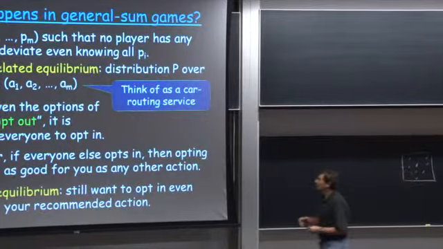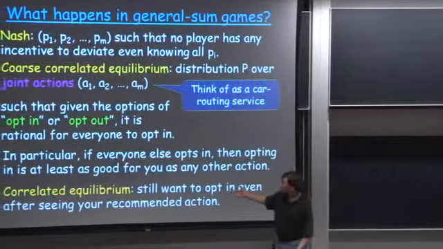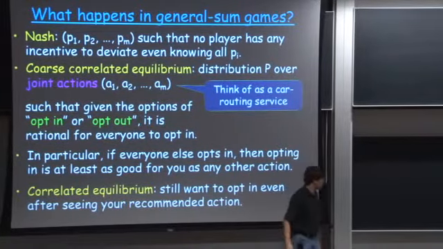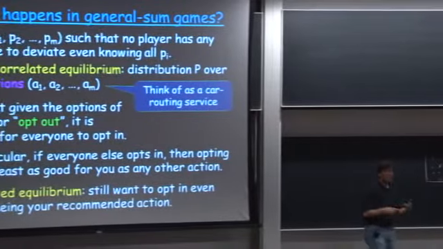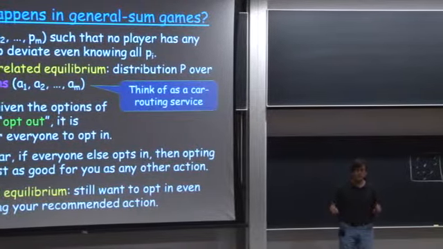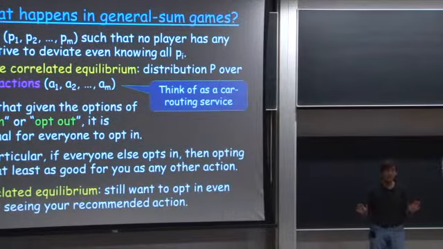There are certainly games where there are correlated equilibria and coarse correlated equilibria that are better than any Nash equilibrium. A classic one is the Shapley game. The Shapley game is rock, paper, scissors, where if you both play the same thing, you both lose, as opposed to tie. If you tie, it's a zero-sum game. But suppose you both play the same thing, you both lose.